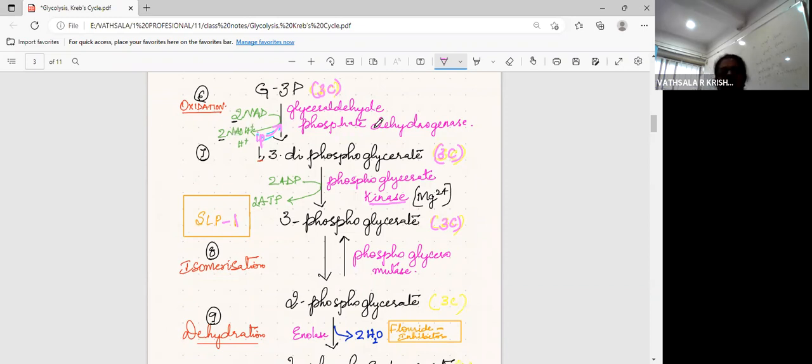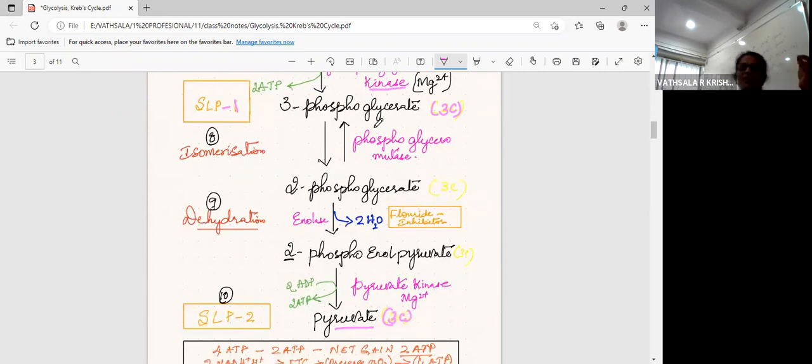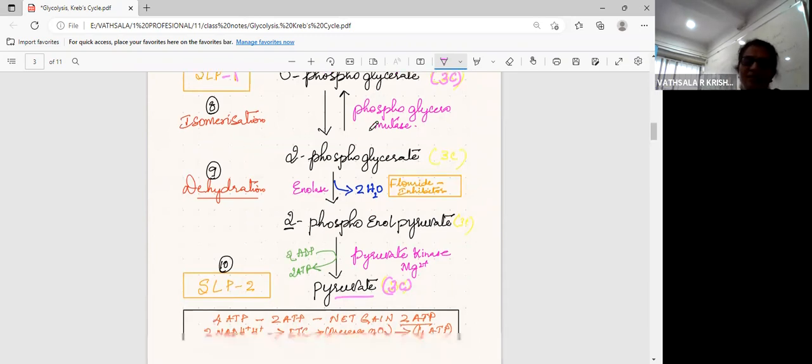Then substrate level phosphorylation, then isomerization again. After isomerization, dehydration, that is water is removed. Then enolation, it becomes enol. Then the second substrate level phosphorylation, the last step, is phosphorylation.